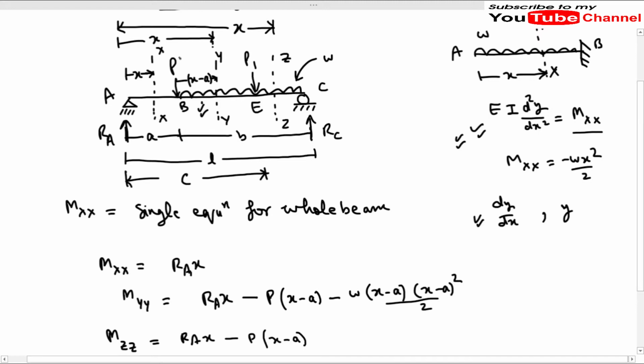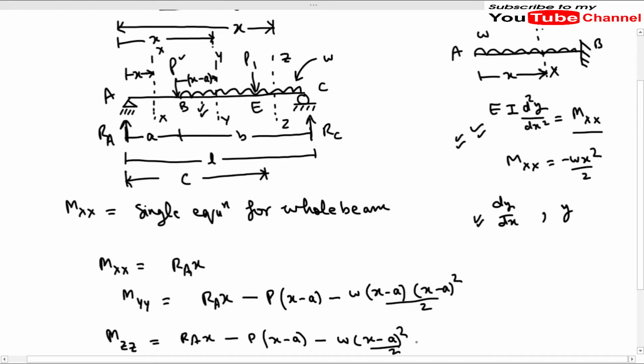This bending moment is due to this P loading, and the other will be due to the UDL. So the bending moment at ZZ will include W times (X minus A) whole square by 2.